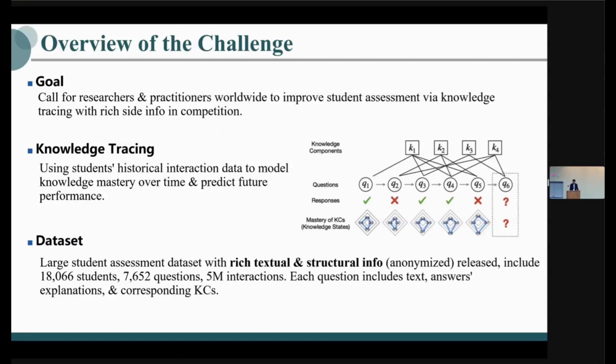There are 18,000 students in the data set, 7,652 questions, and 5 million interactions. Each question includes the encoded text, answers, explanations, and the corresponding knowledge component. Again, the knowledge components are not in word format, they are in just ID format, right?